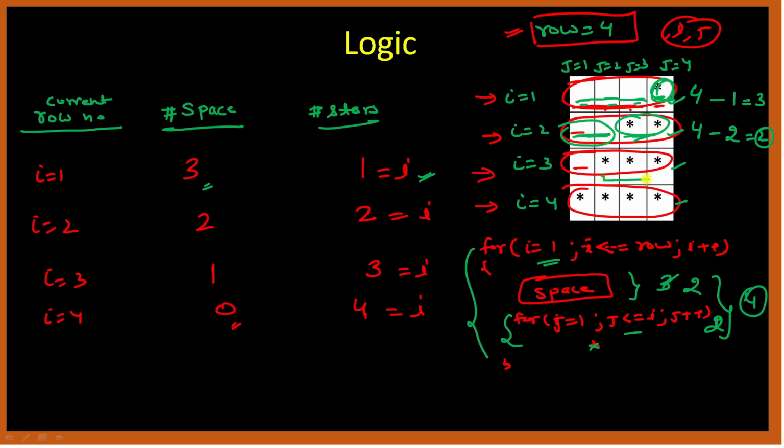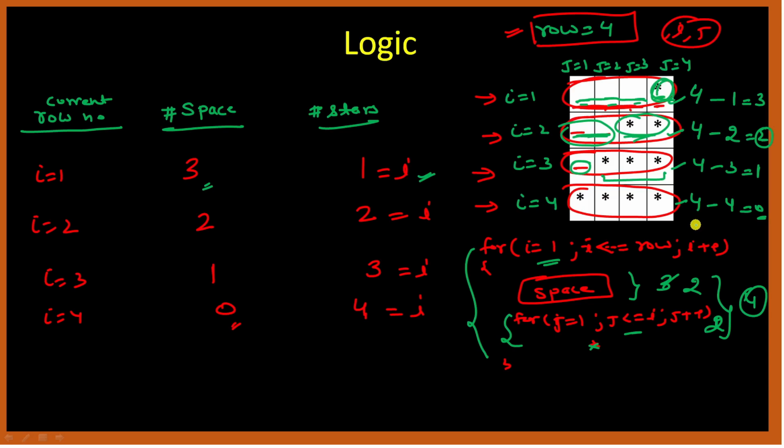Same way, here 3 stars, so 4 minus 3 is 1, the remaining count of spaces. And here 4 stars, 4 minus 4 is 0, which means no space should be printed.